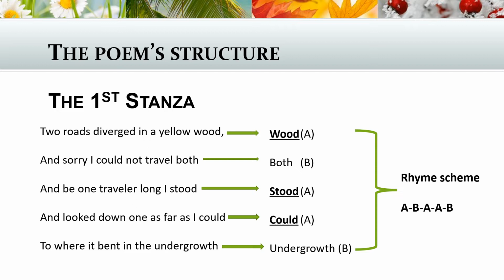It has a similar sound to the both sound, so we're labeling the sound growth as B. In conclusion, the rhyme scheme in the first stanza is A, B, A, A, B.